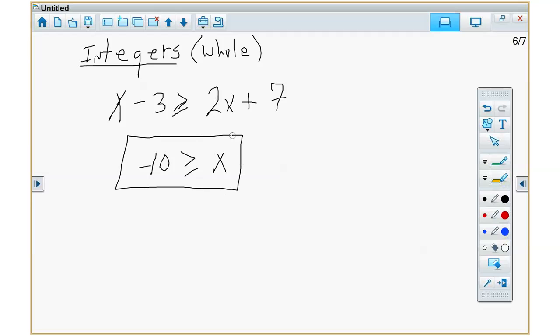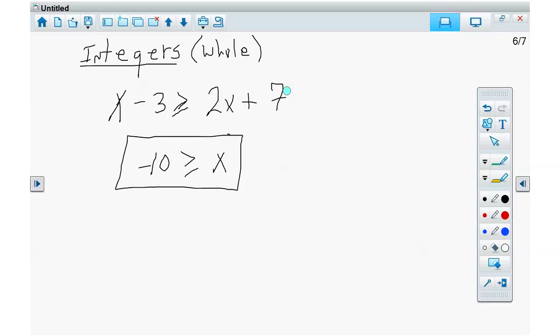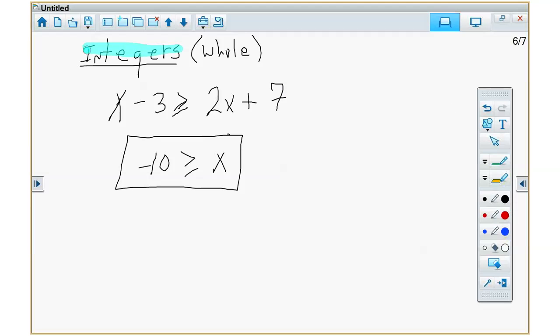But what's different is since you've got this guy right here, and since integers mean what?